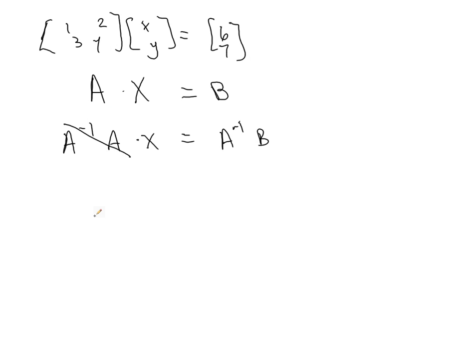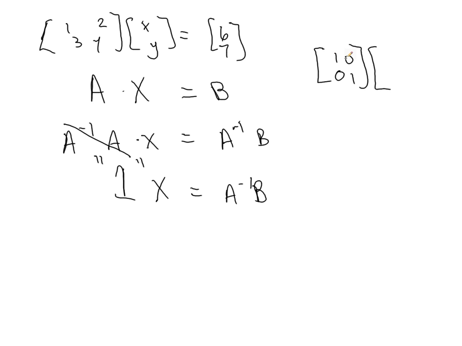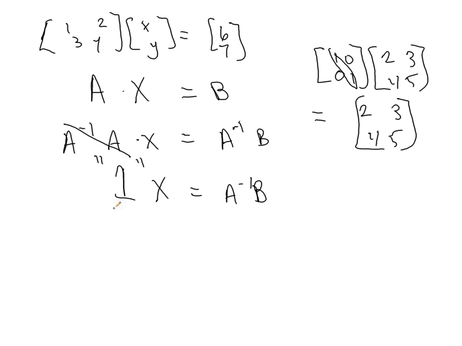So this basically becomes, in parentheses, 1x equals A inverse B. The reason we can call this a 1 is because if you take any 2 by 2 matrix and multiply it by 1s across the diagonal and 0s everywhere else, like 2, 3, 4, 5, guess what you're going to get? You're going to get 2, 3, 4, 5. You get the same thing back. So this one matrix, we're going to call the identity matrix, because any time you multiply by the identity matrix, it does not change the result.